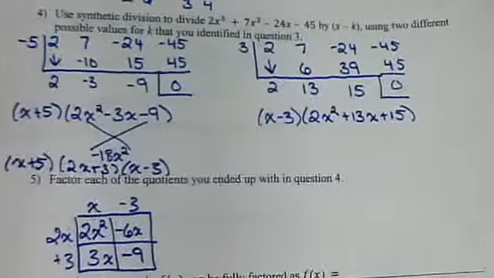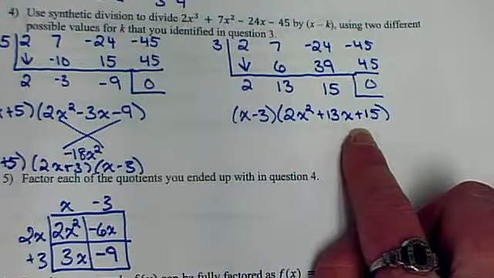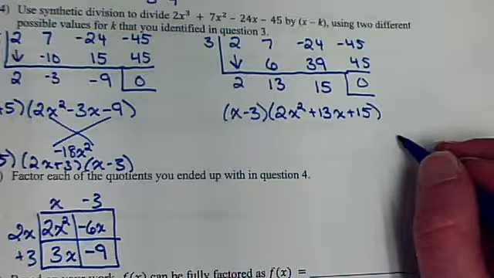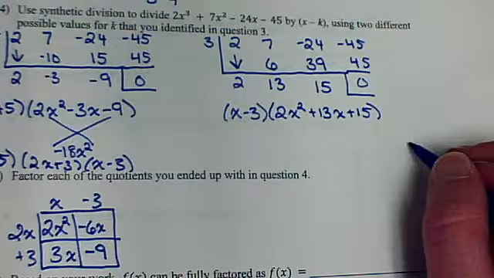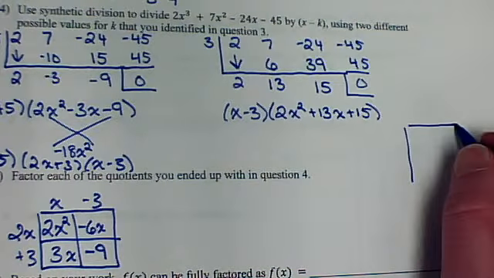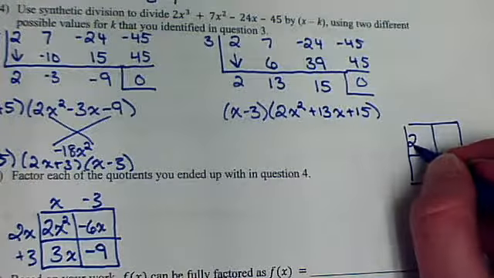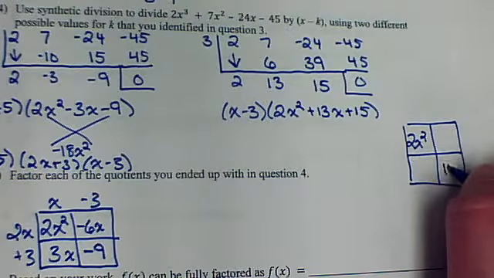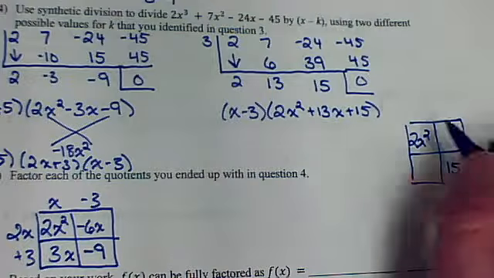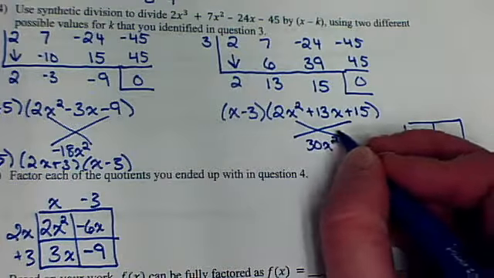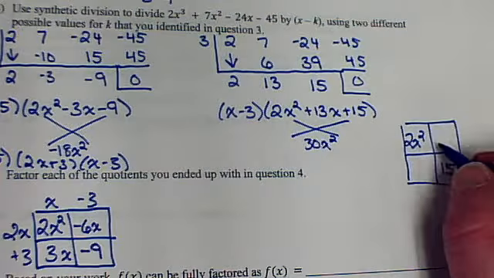Now let's see what happens when I factor the quotient over here. Again, I can use the box, and I'll do it up here this time. 2x squared, 15. What's going to multiply together to give me 30x squared, but add to be 13? Well, that's easy.